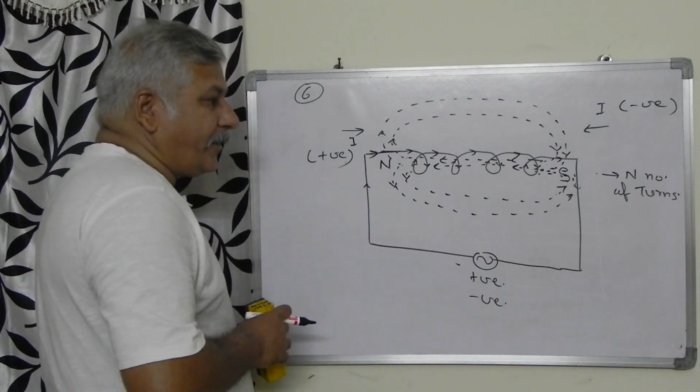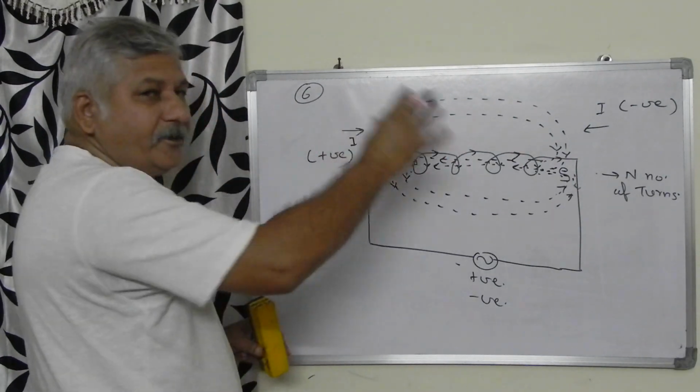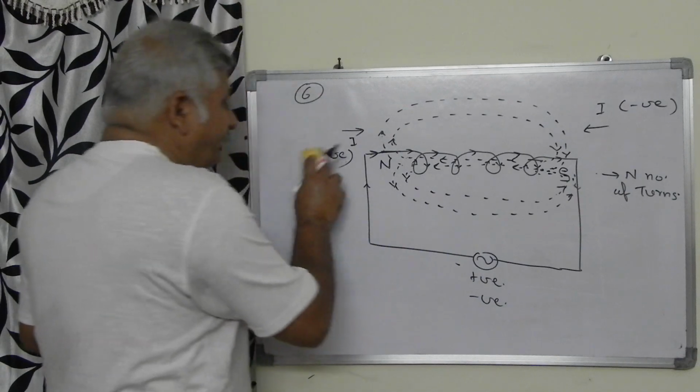So basically, this is an electromagnet. Due to the flow of the current, the magnetic field is produced.